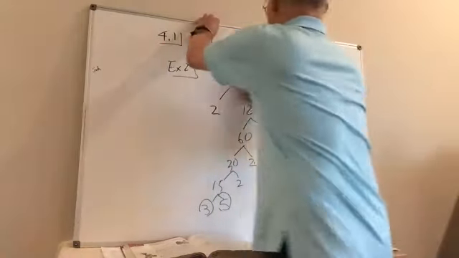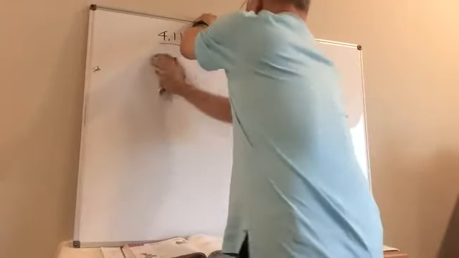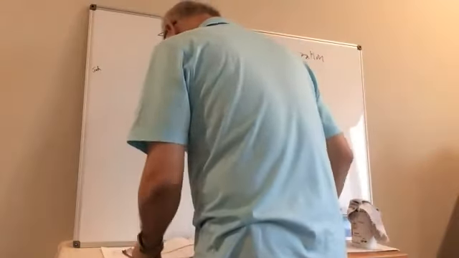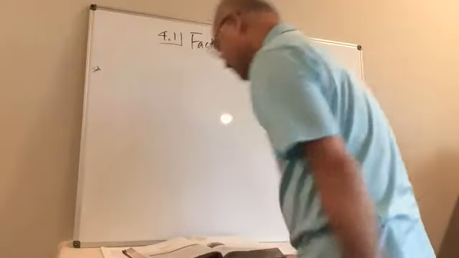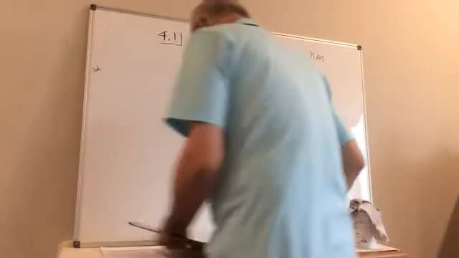All right? Okay, so let's move on. That was example number 2. Let's flip the page, go to page 176. On page 176, we have factoring monomials.